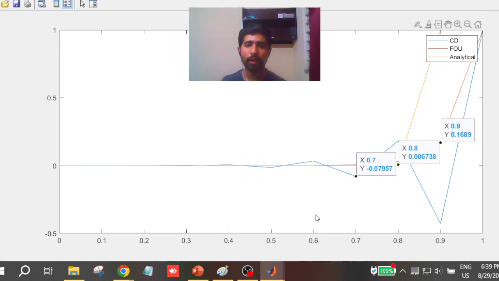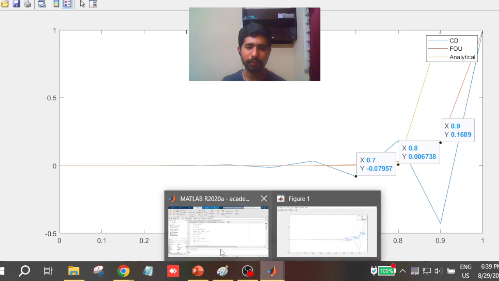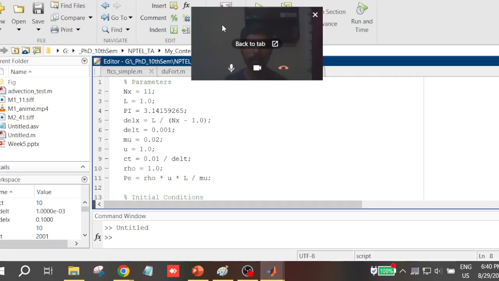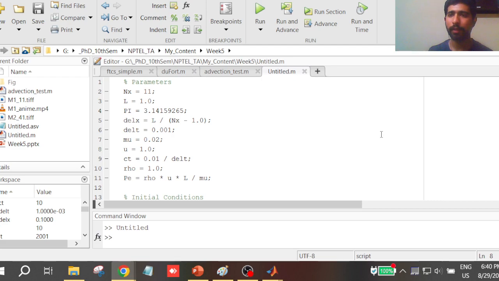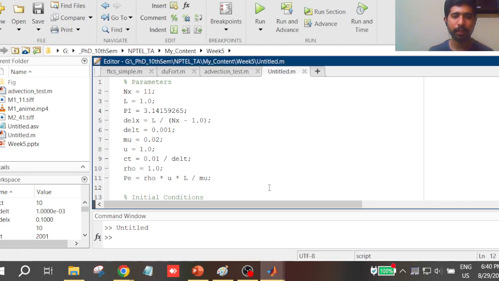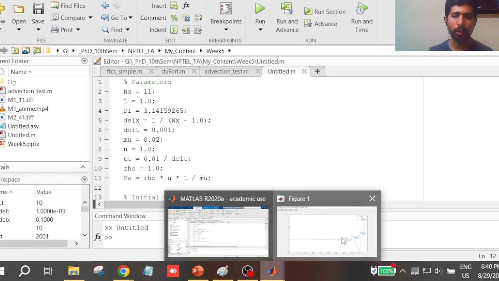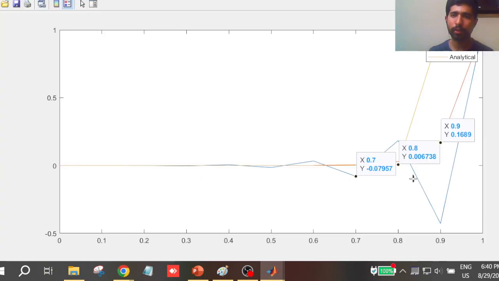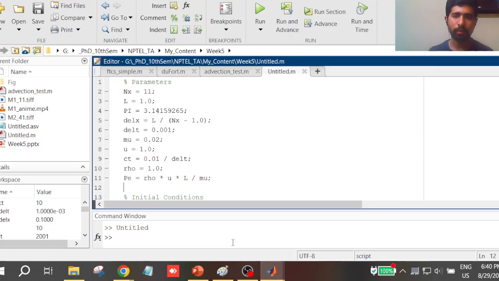Now, why do you think this happened with this kind of conditions which I have written here? Can you write on the chat box? This was discussed in the weekly content also, but anyway, I'm asking this question. Why are you not getting a good solution with the central difference scheme?